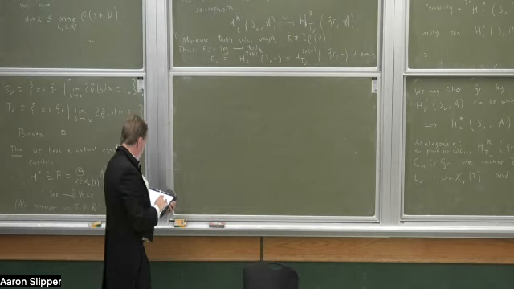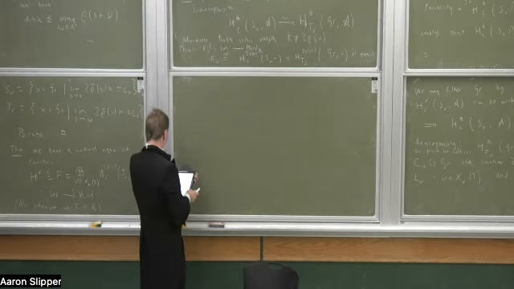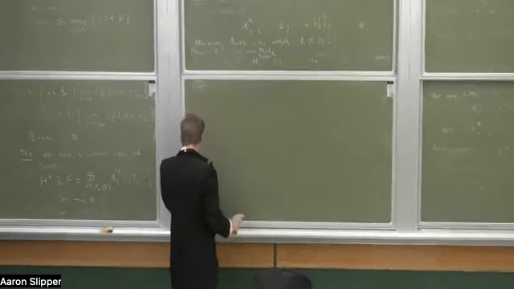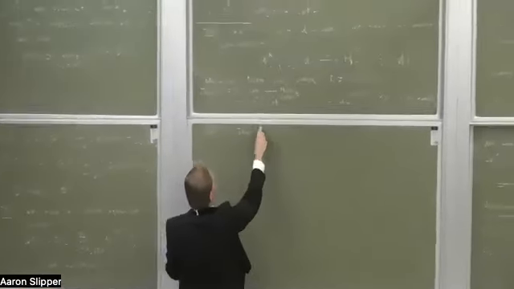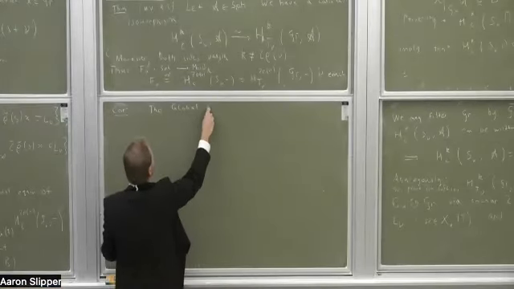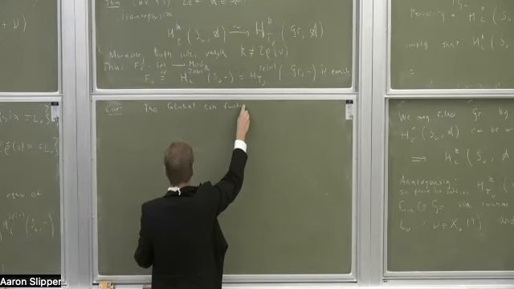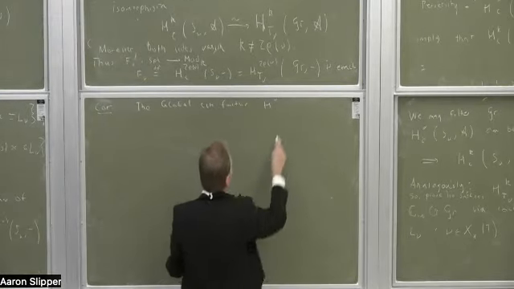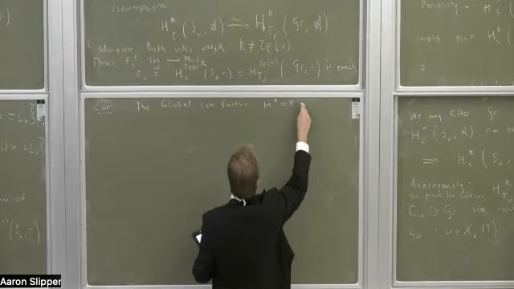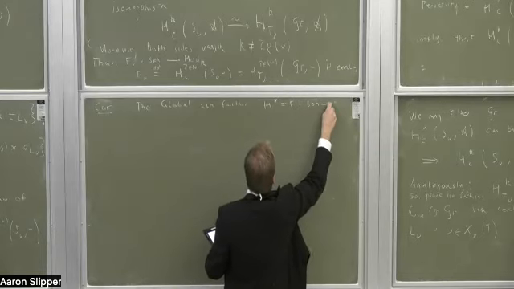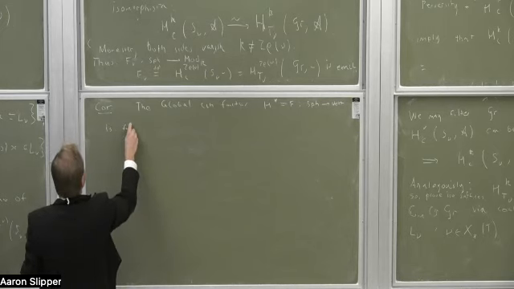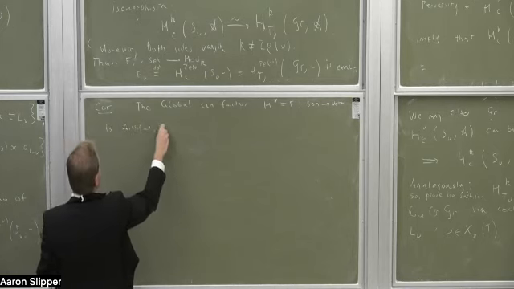All right, so the last little thing I'll say before we get on to the convolution product is that, as an immediate corollary to all of the above, we have that the global cohomology functor H star, also called F, from the Satake category to vector spaces is faithful and exact.